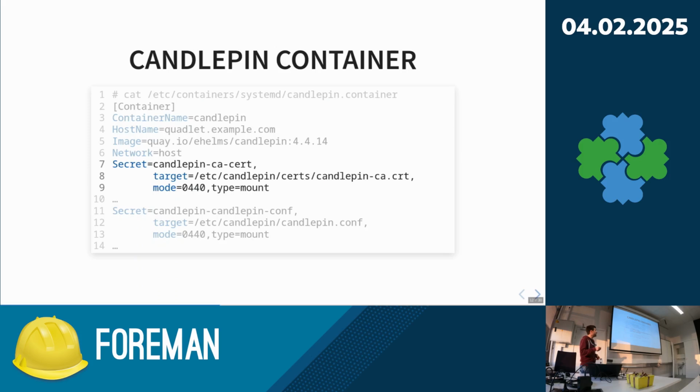So it will show up in /etc/candlepin/certs/candlepin-ca in the container. And the Candlepin CA cert is a secret that was previously created by magic, which I'll talk about a bit later. The same we can also do for configuration files. Even though they are not strictly secrets, this was the easiest way to get data into the container without caring about file permissions, SELinux, etc., because Podman just does it for us. Great.